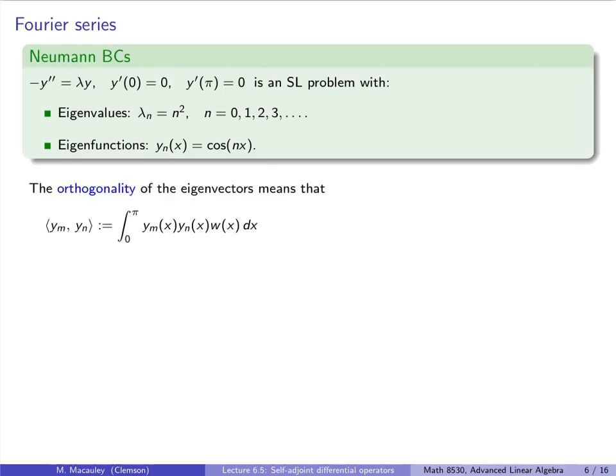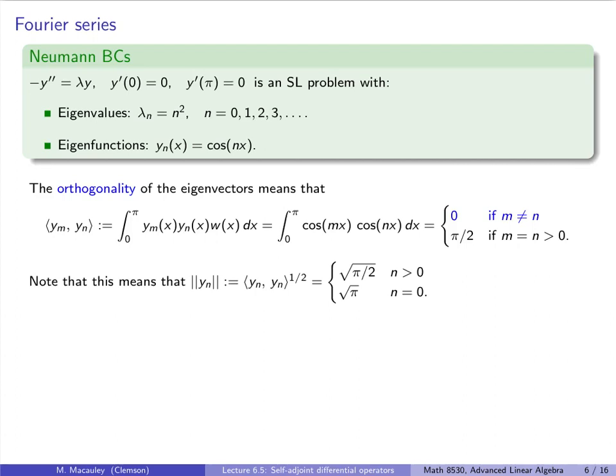The orthogonality of the eigenvectors means, as before, if you take the inner product of any two of these, in this case, that's the integral from 0 to pi of cosine mx cosine nx dx, it is also 0 if m and n are different, and it's easy to check that it's pi over 2 if m and n are the same and are bigger than 0. It's slightly different for n equals 0.